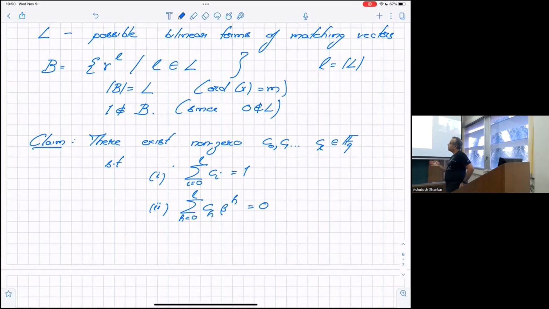That is, think of these as coefficients of a polynomial. It says there exists a polynomial which vanishes on all of B, but when you plug in 1 into that polynomial, it gives you the value 1.